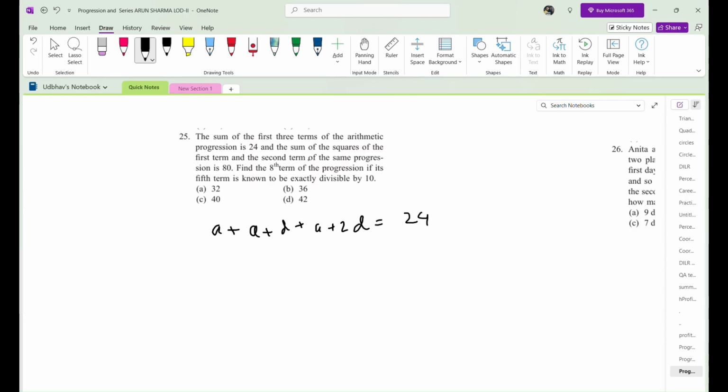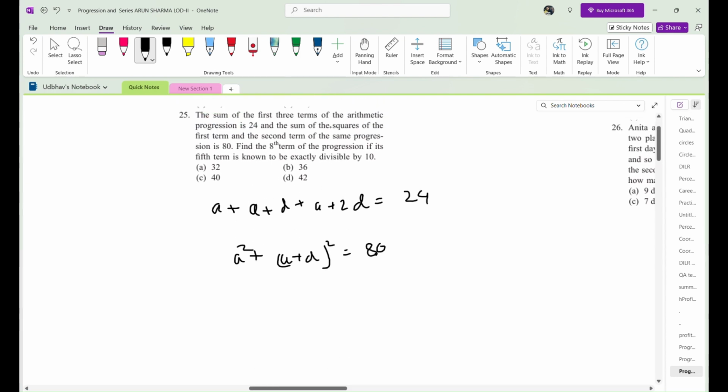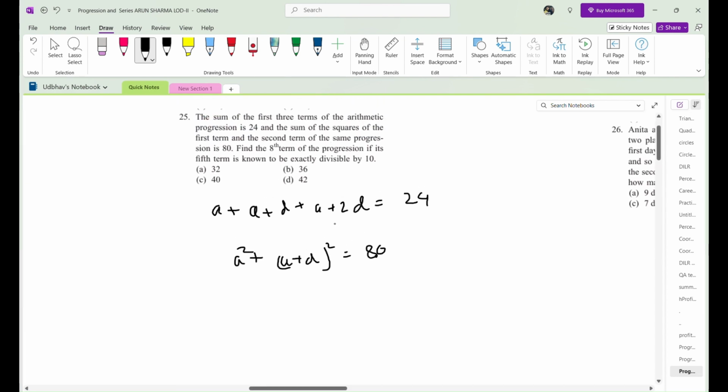The sum of the squares of the first term and the second term is 80. a square plus (a plus d) whole square is 80. Find the eighth term of the progression if its fifth term is known to be exactly divisible by 10.